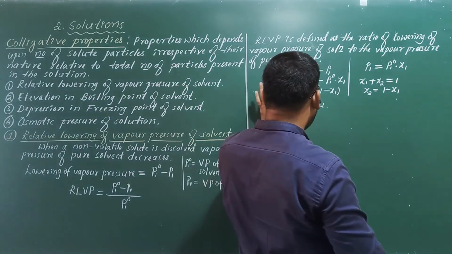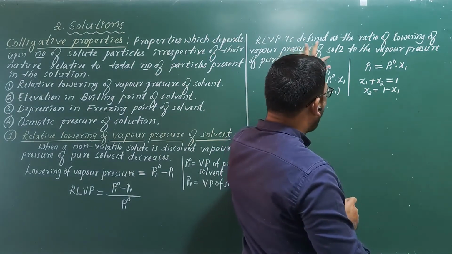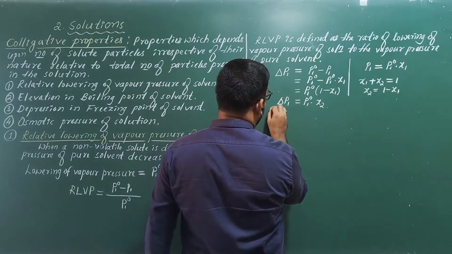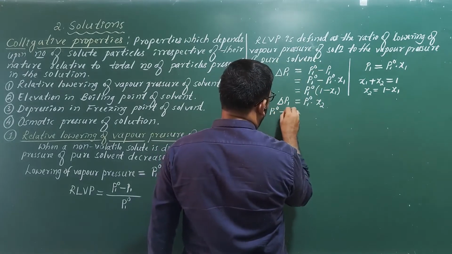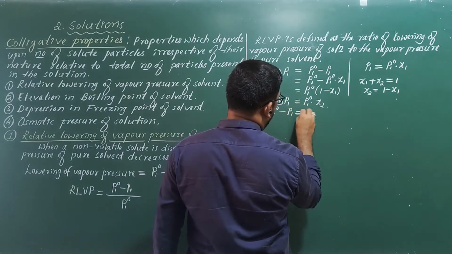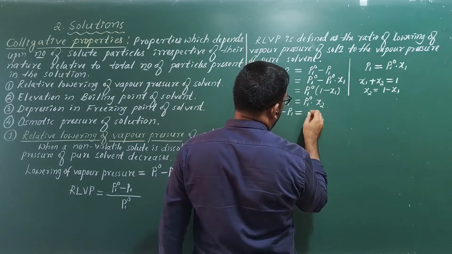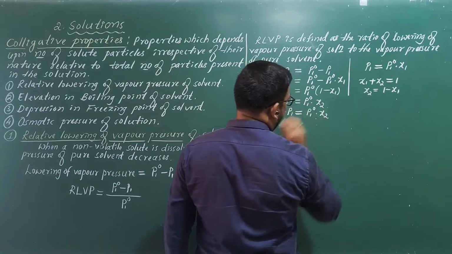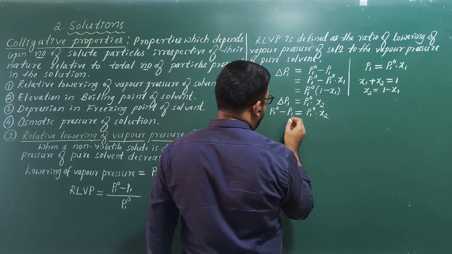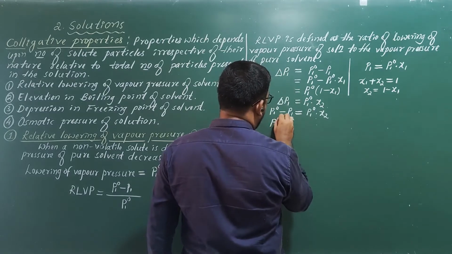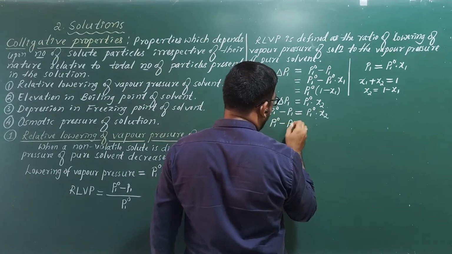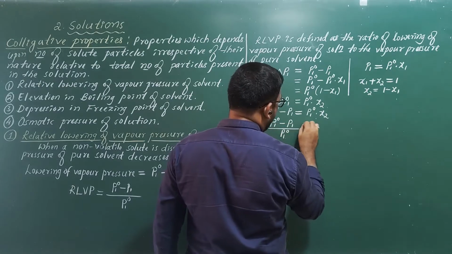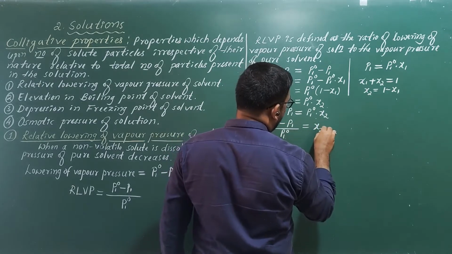Now what is delta P1? P1 naught minus P1. So let me write once again: P1 naught minus P1 is equal to P1 naught into x2. Let me rearrange the terms: P1 naught minus P1 divided by P1 naught is equal to x2.